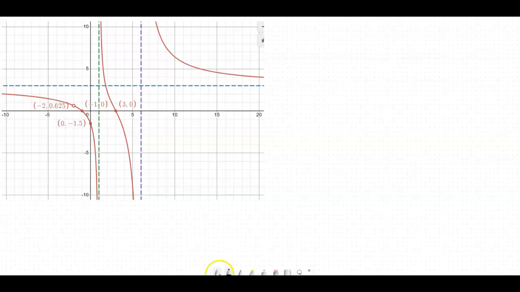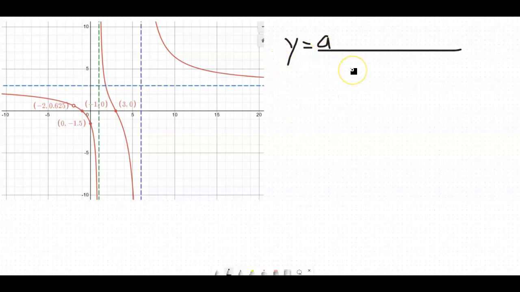There's a lot of different places we can start, but first thing I'm going to do is write y is equal to, and we don't know if there's a constant multiple, so I'm going to put a little a out front here, and then I am going to put a quotient line, and we're going to find the factors that we think are going to be on the top and the factors that we think are going to be on the bottom, and then we're going to solve for the a finally.